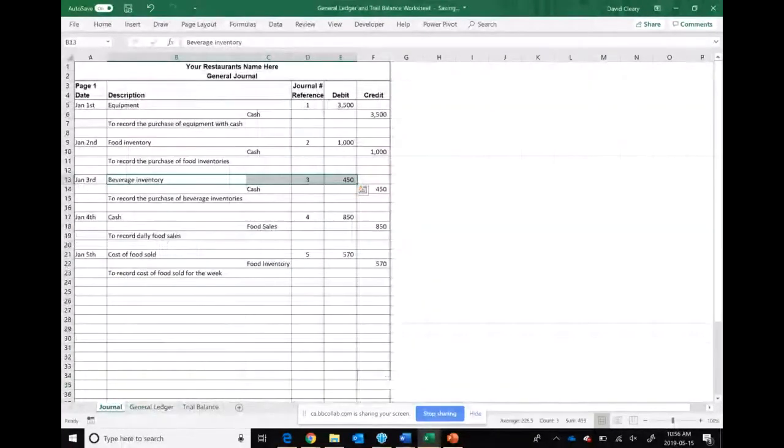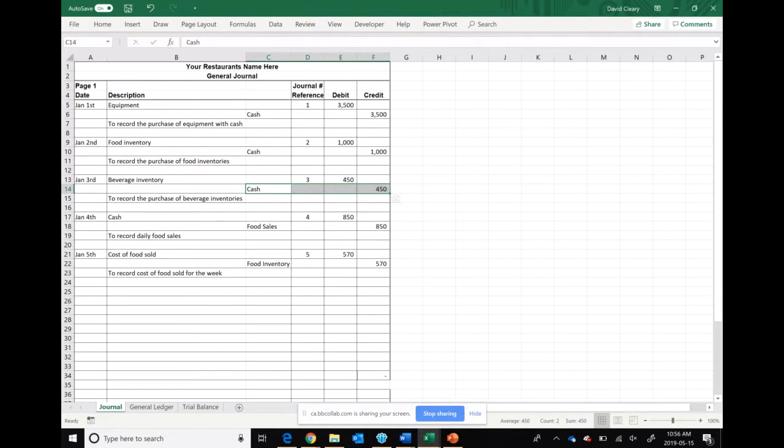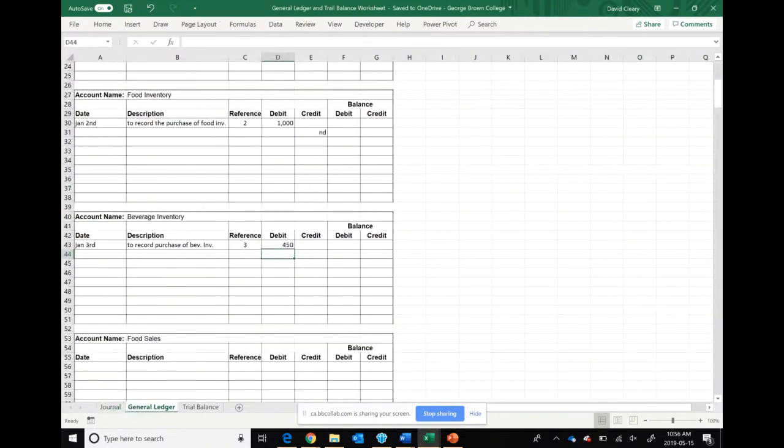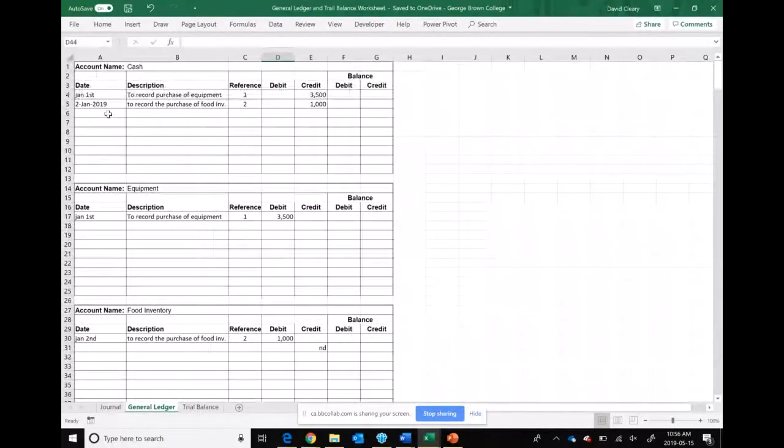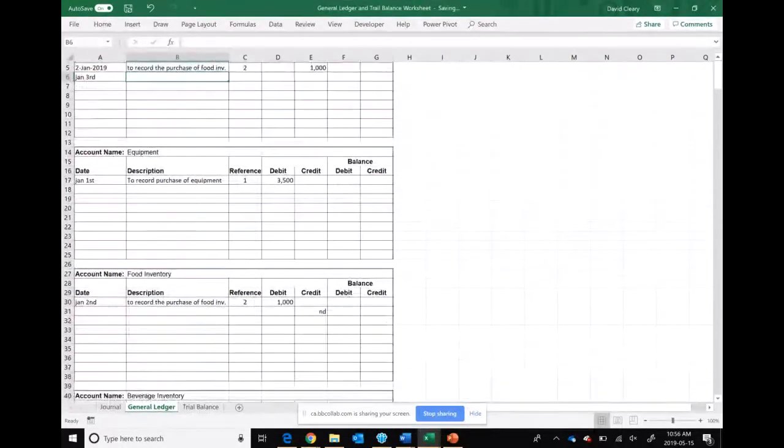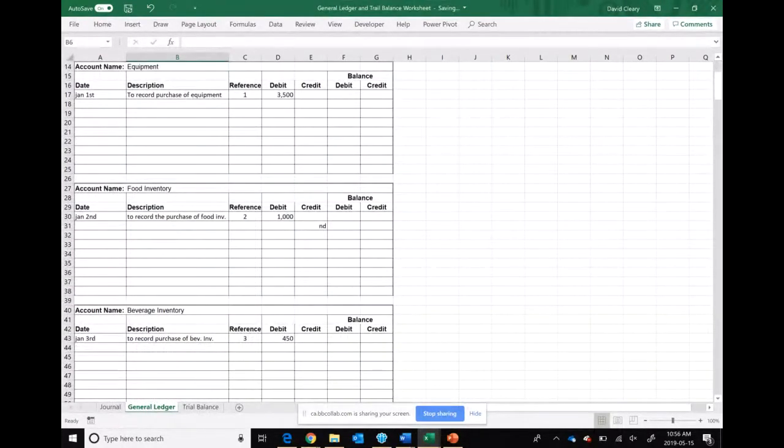We then go back to our journal, look at the second line. We're affecting cash again by $450. We're crediting it, and we have all the information to go back to our ledger now. Go back up to cash. The date was January 3rd. There we go. Let me just copy the description. I don't want to type it all out again.